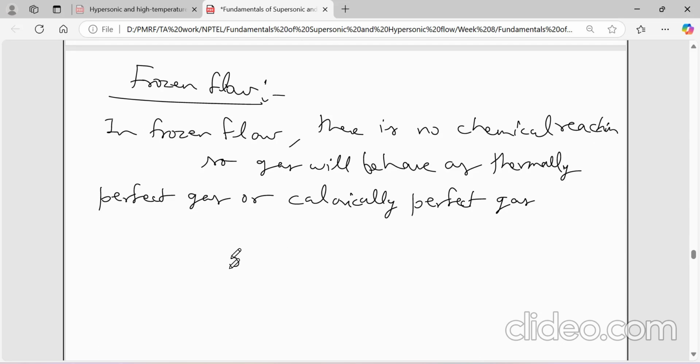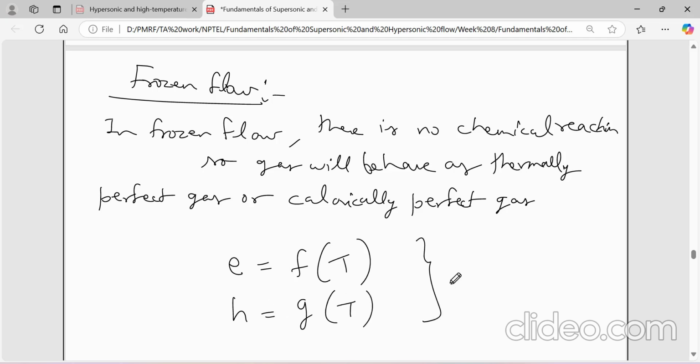In both cases, E is function of temperature and H is also function of temperature. This is for thermally perfect gas.